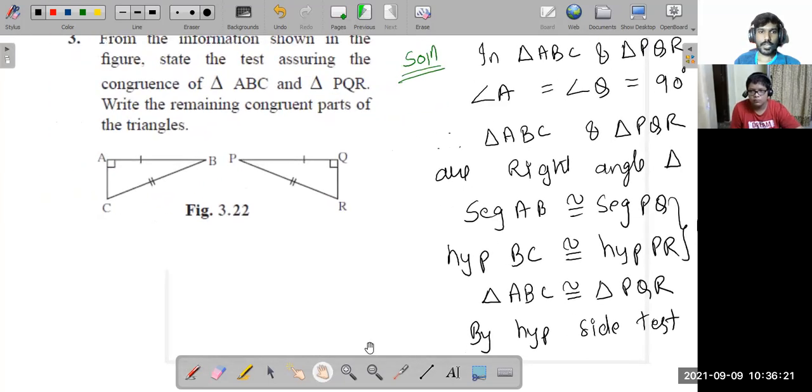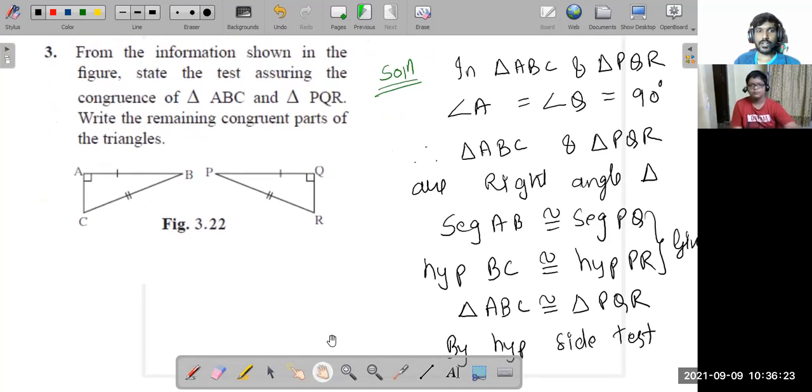Yes, sir. Okay, now they are saying write the remaining congruent parts. So the remaining first part would be firstly side AC congruent to side QR. That would be first.